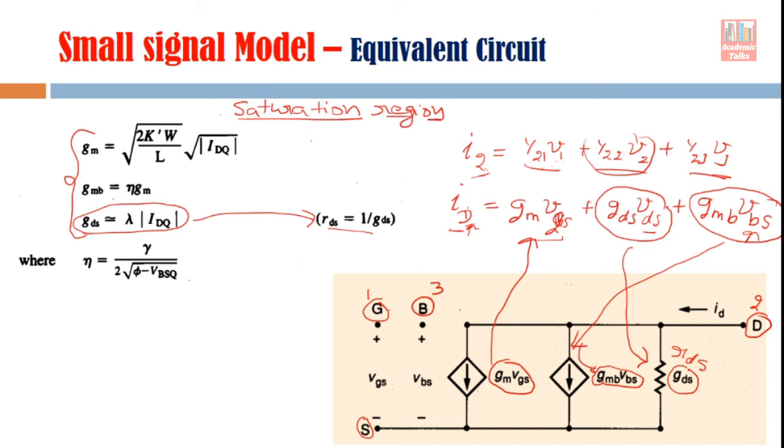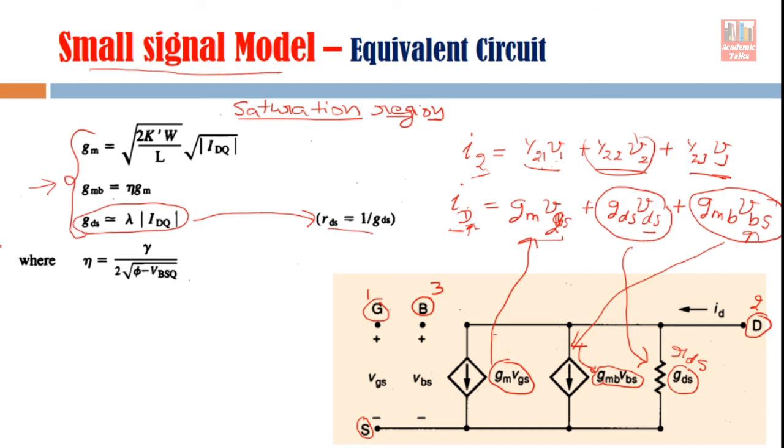Now all these components are being added, so they are shown in parallel with each other, because in parallel paths current gets added. That way the equivalent circuit drawn here is the small signal model of a MOSFET device, because all the parameters Gm, GMB and GDS are small signal parameters of the MOSFET.